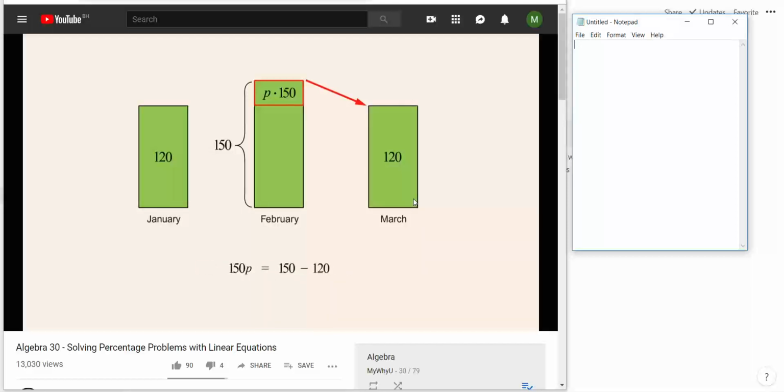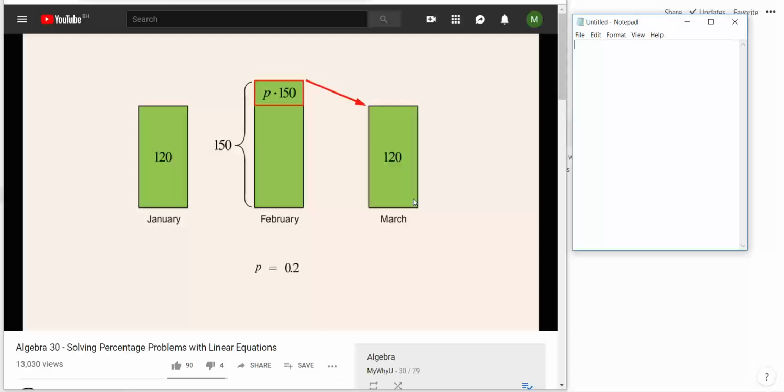Completing the arithmetic on the right, 150 minus 120 is 30. Finally, dividing both sides by 150 allows us to cancel 150 in the numerator and denominator of the fraction on the left, leaving the equation p equals 30 divided by 150, or p equals 0.2.